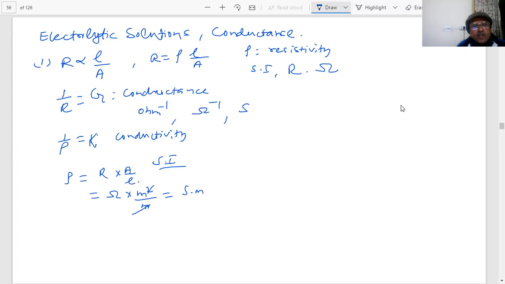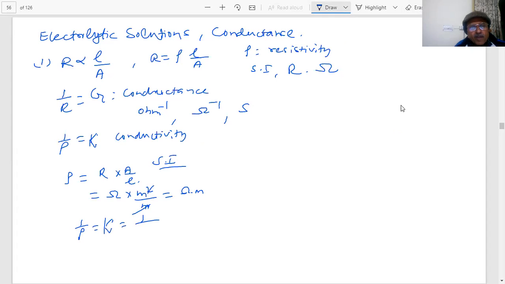Then what is the unit of rho? Ohm meter. And 1 by rho is your conductivity.